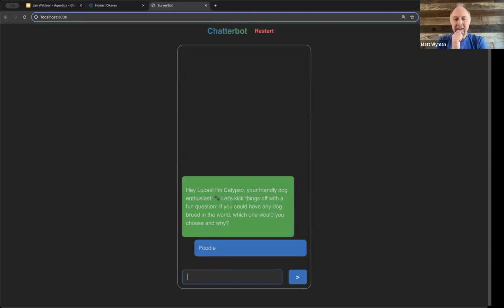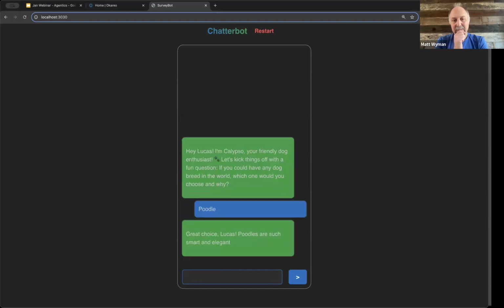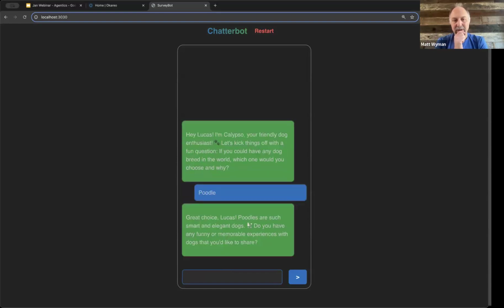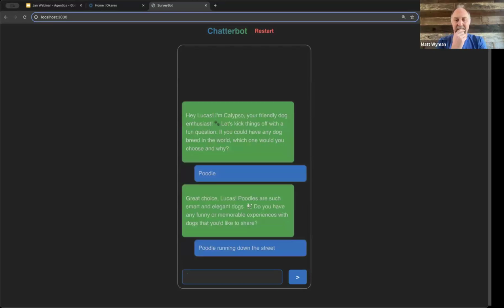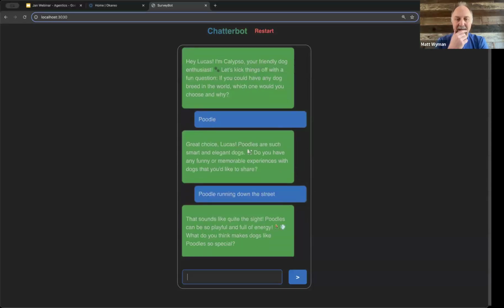Let's see what it does. All right. Poodles are smart and elegant. Do you have any funny memories? How about the poodle running down the street? Just want to give you some quick examples of what it might look like. They are playful, will be my answer.